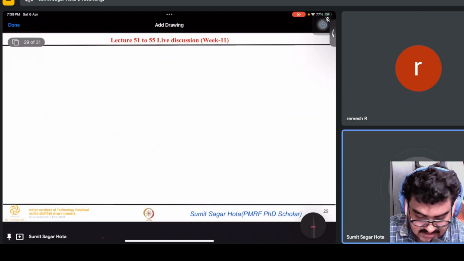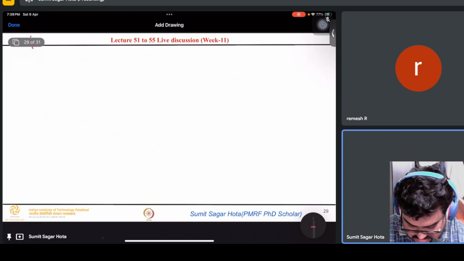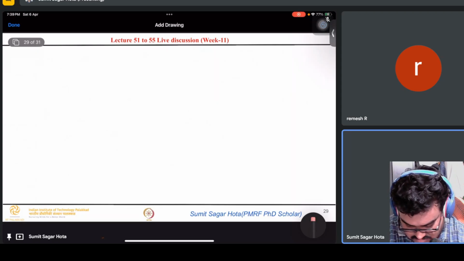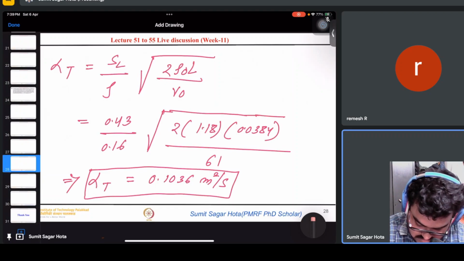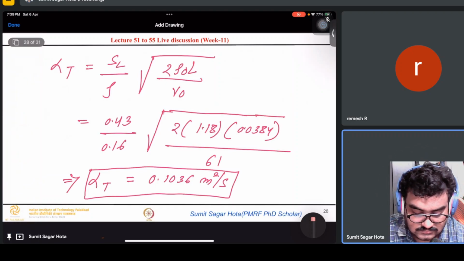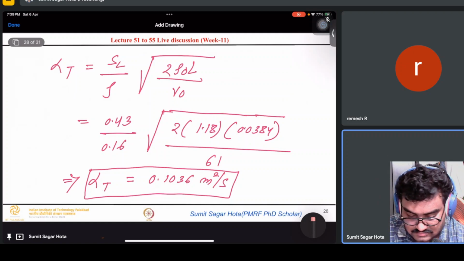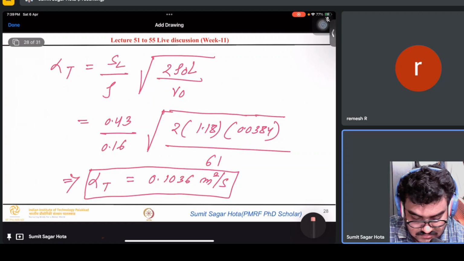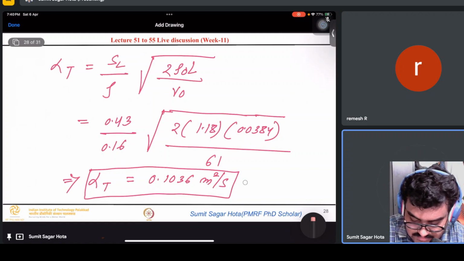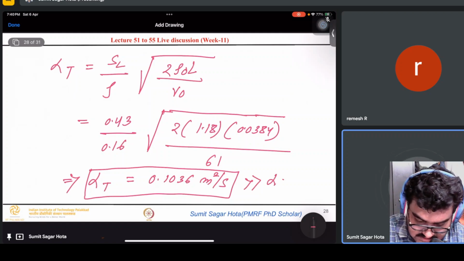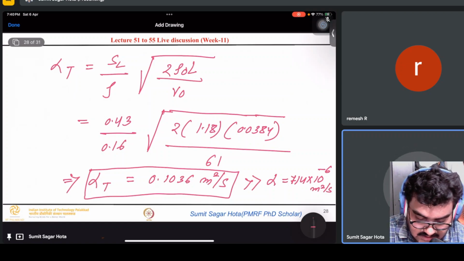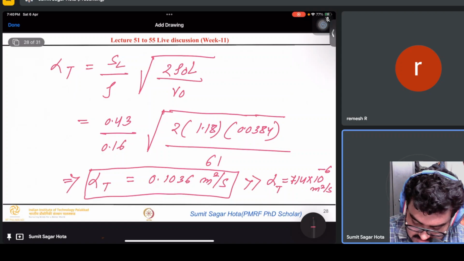So now we have alpha T, so we can compare, which is very much greater than your alpha, which is 714 into 10 to the power minus 6 meter square per second, alpha of air.